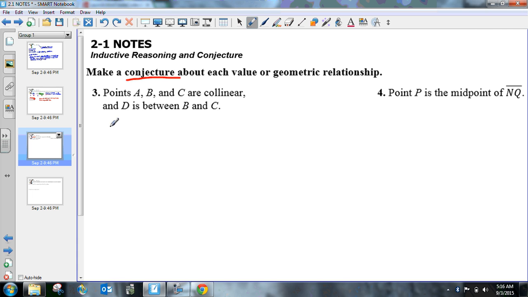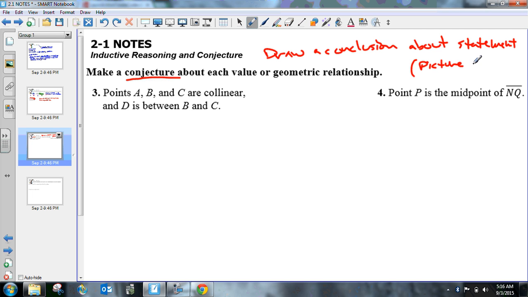Okay, I want to draw a conclusion. That's what it wants me to do. Draw a conclusion about the statement. All right, and guys, this could be a statement in words. I'm thinking more of like a picture. Draw a picture and then make a conclusion. Draw a conclusion based off a picture.